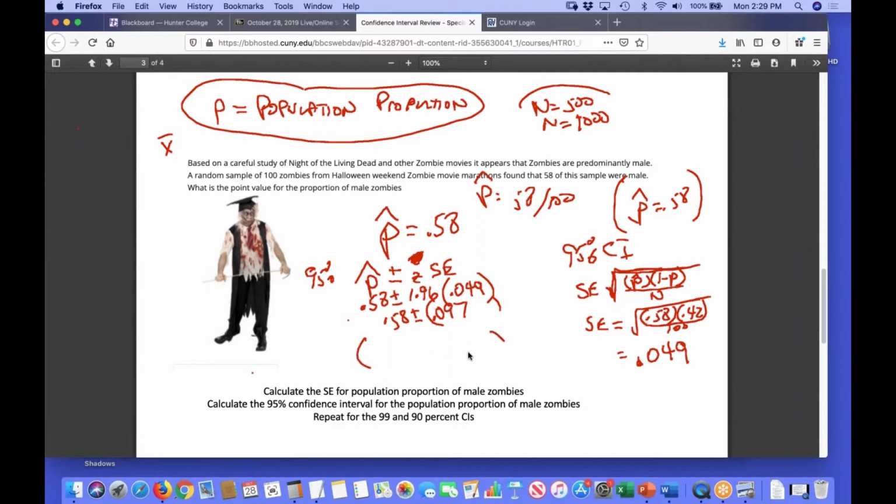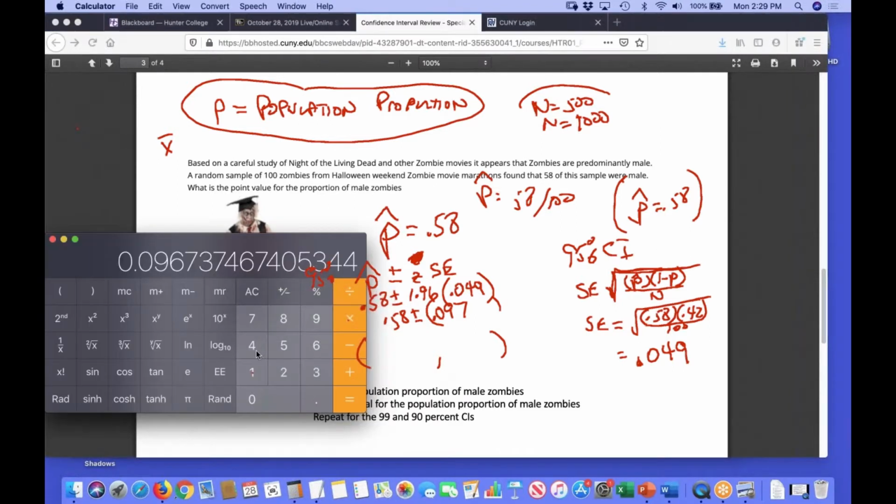I'm actually going to use the real numbers since I saved them in my calculator.